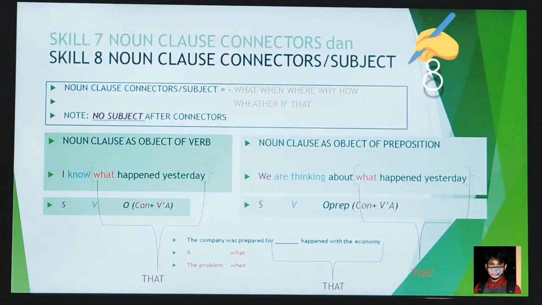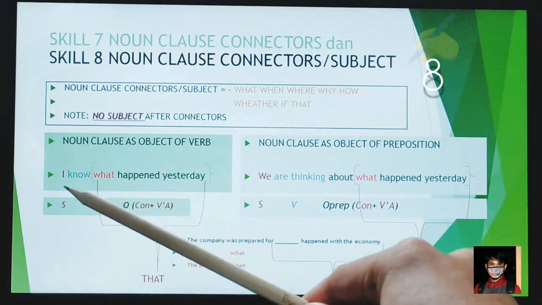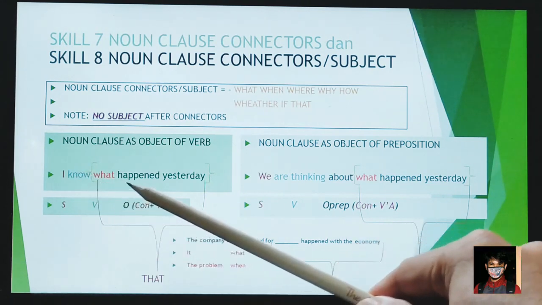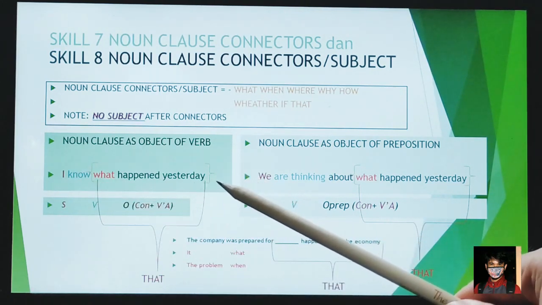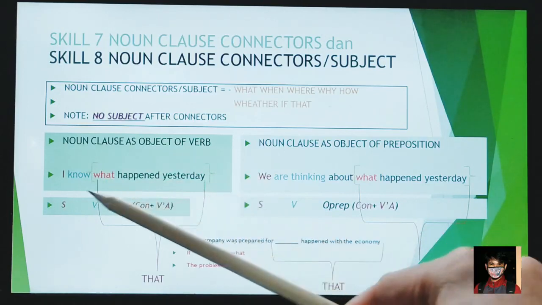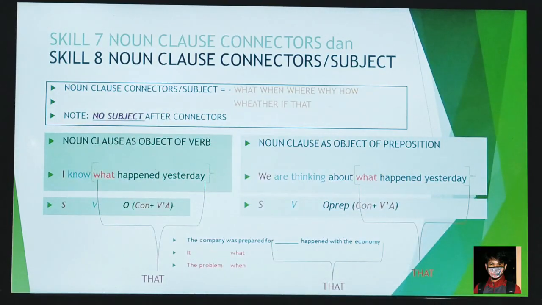So take a look at the first example, noun clause as object of verb. The position of the noun clause is the object. Take a look at this one: I know what happened yesterday. We would like to find out the structure first.